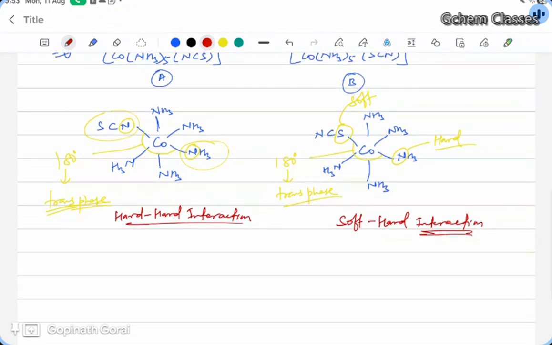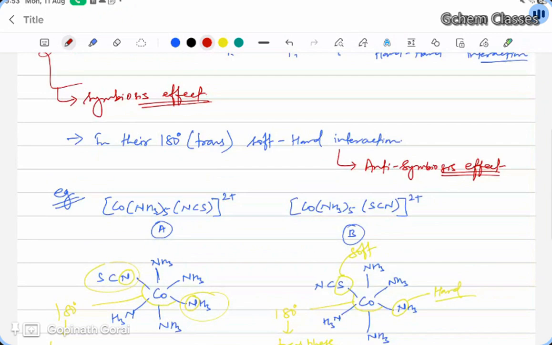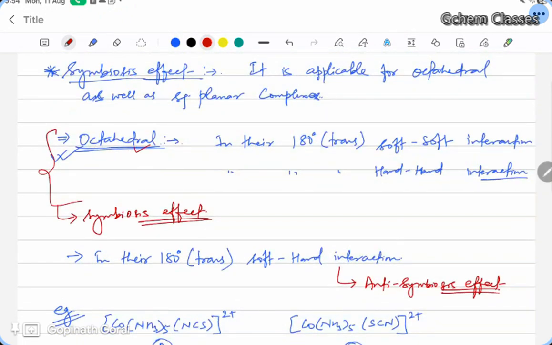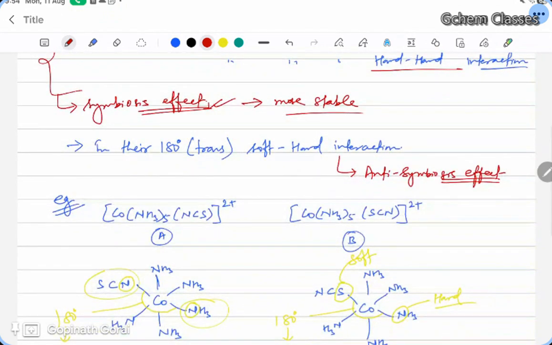So always remember that, as I told you, we are dealing with octahedral, and in octahedral, if you have soft-soft or hard-hard, that will show symbiosis effect, and that will be more stable. Okay. Likewise, you will have this anti-symbiosis effect, like soft and hard interaction, anti-symbiosis effect, and this will be less stable.